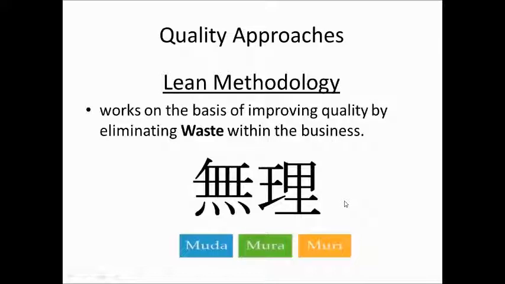Other approaches we discussed before also, which is the lean methodology. For those who did not attend the first white belt training, the lean methodology focuses on waste. And the waste is of three types: muda, mura, muri.